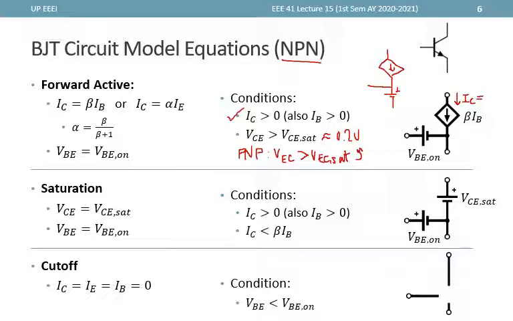Now for saturation, we mentioned a while ago that VCE is approximately equal to VCE sat. So we replace that with this constant voltage source model, and VBE is equal to VBE on. So we get this another constant voltage source, which is not quite surprising since for saturation, both junctions are actually forward biased.